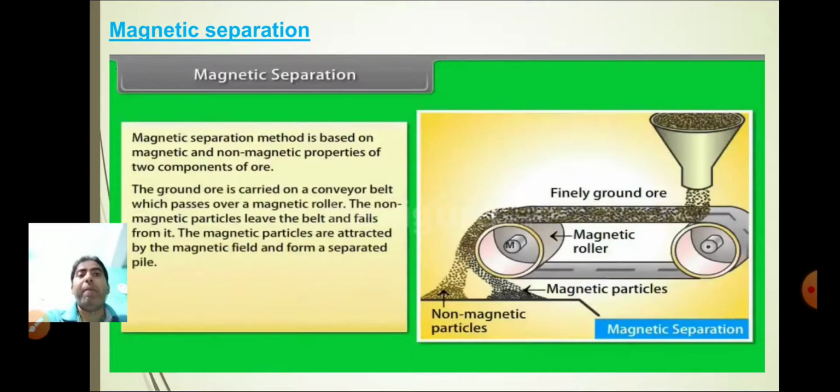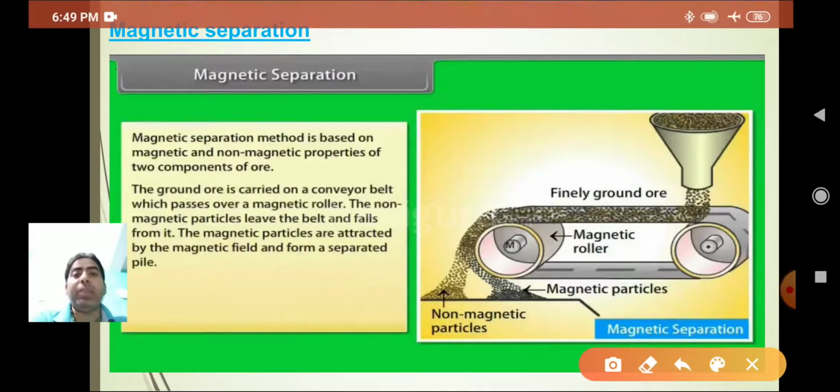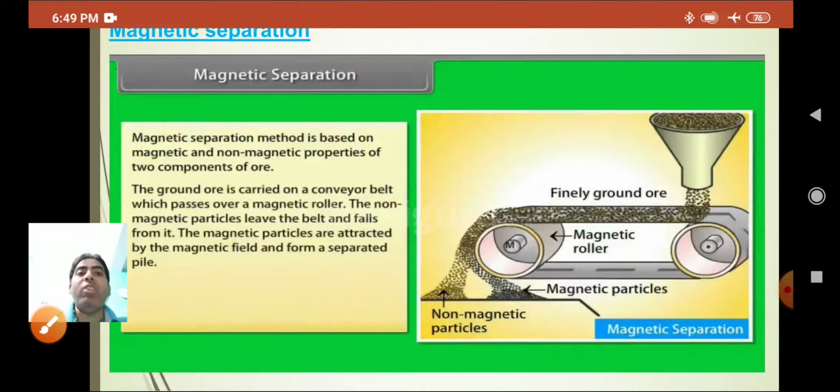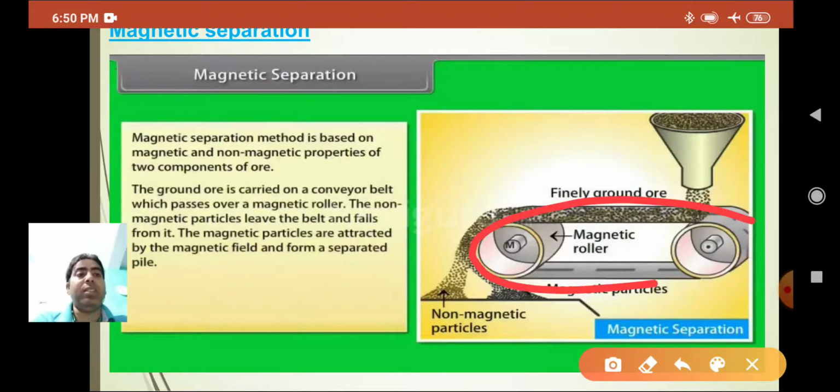Now come to magnetic separation. What do you mean by magnetic separation? Magnetic separation is a method based on the magnetic and non-magnetic properties of two components of an ore. When two things are there, one is a magnetic component and the other is a non-magnetic component. A ground ore is carried on a conveyor belt. You can see here this belt is running; this is called the conveyor belt.